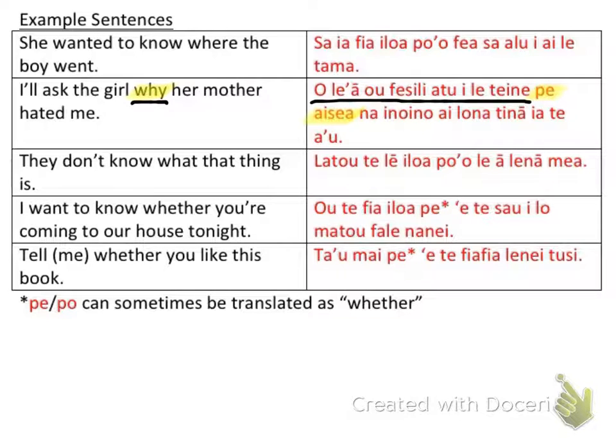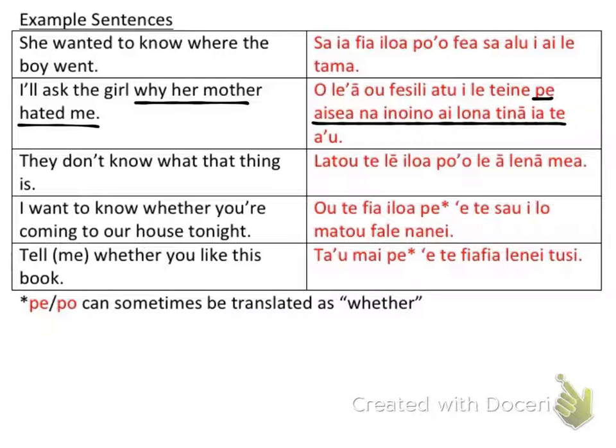And then the next thing is my indirect question that follows the why. So why her mother hated me. You could also say that as a question. If I just took why her mother hated me, you could see that that's an implied question. And the equivalent to that is pe aisia na ino ai lona tina ia te ao.